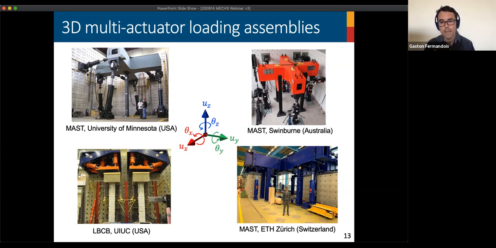All these systems have the same thing in common, that they have a platform that is extremely rigid, and basically this cruciform platform works like a rigid body. So through the connection of actuators, we can move this rigid body in space, and this rigid body will impose the boundary conditions at one point over the specimen that we want to study.